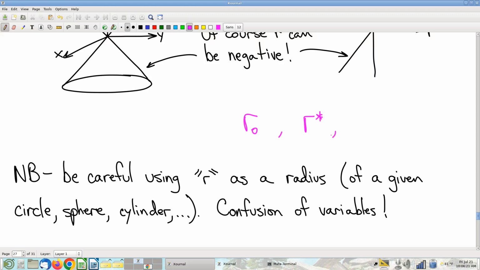A nice, more visually satisfying hack is to call it capital R. Right? The variable is lowercase r. So, and of course you can also just call it A, or some entirely different letter. But be very careful. Don't call it R itself. Okay.